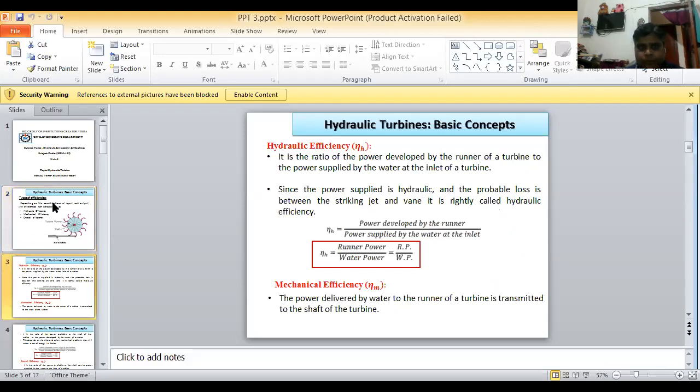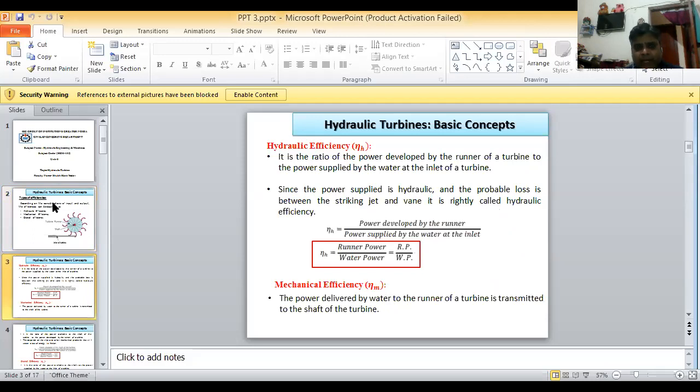Now, hydraulic efficiency. It is the ratio of power developed by the runner of a turbine to the power supplied by the water at the inlet of a turbine.